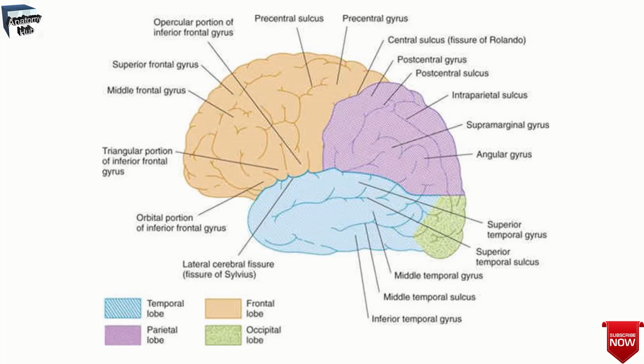The central sulcus divides the cerebrum anteriorly into the frontal lobe, posteriorly you'll find the parietal lobe, and inferiorly you'll find the occipital lobe. This central sulcus, or you can say the fissure of Rolando, divides the frontal and the parietal lobe.